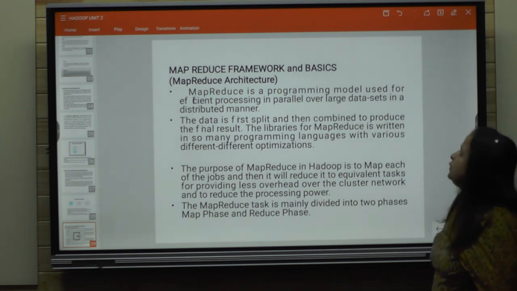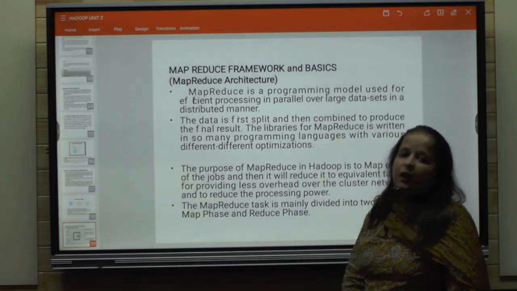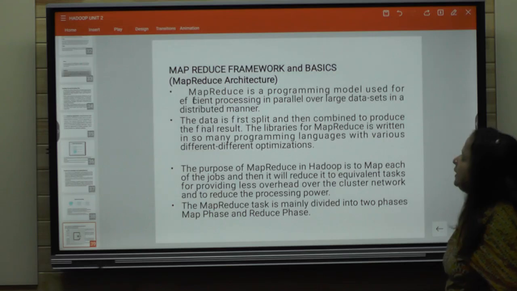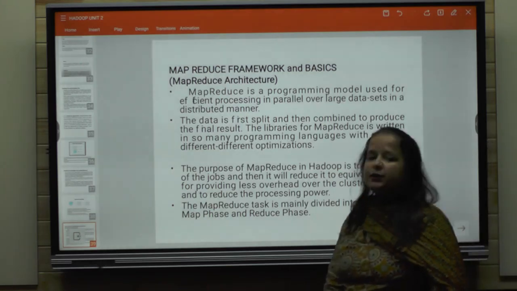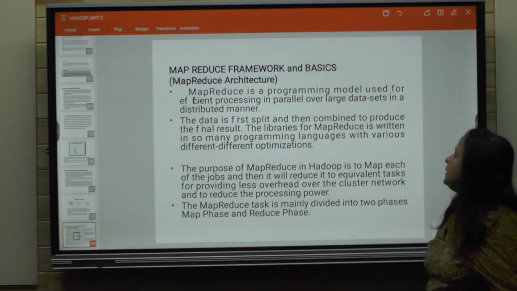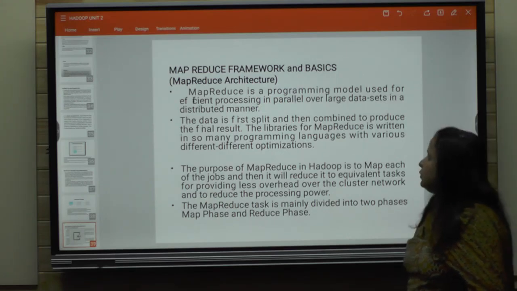Then MapReduce framework and basics, or MapReduce architecture. So in the previous slide we studied about how analyzing data with MapReduce is performed. Now what is MapReduce architecture? MapReduce is a programming model used for efficient processing in parallel over large data set in a distributed manner.